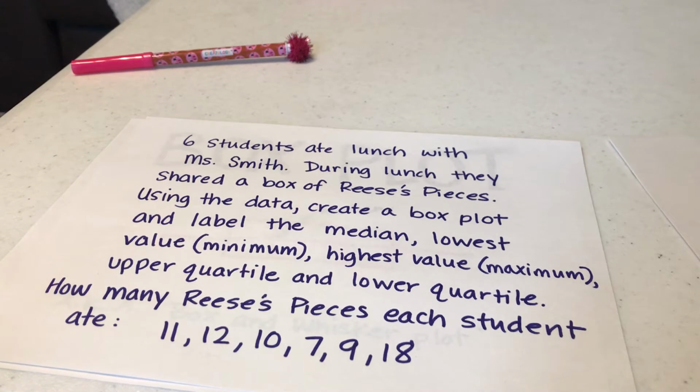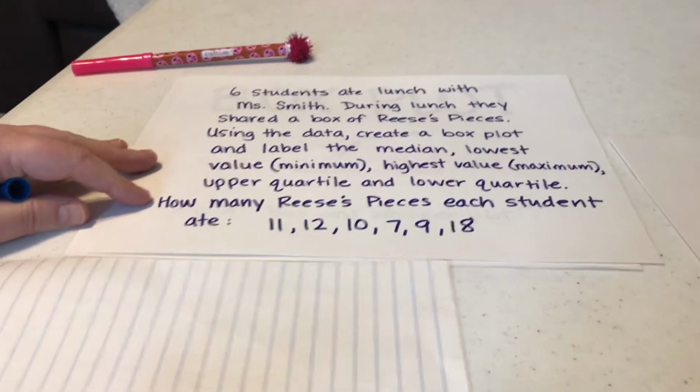Okay, there's a lot of vocabulary words that are new to you here, and that's okay. It's actually not that complicated once we break it down, okay? So don't fret. But we're going to use what we just learned about the median in order to create this box plot. So I have a scale here.